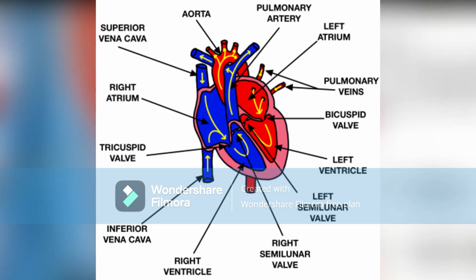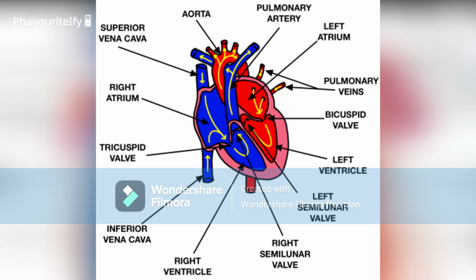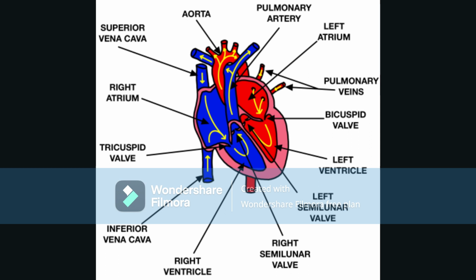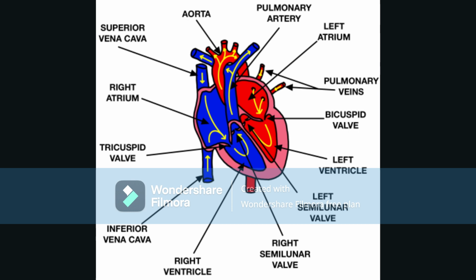This is the aorta, for distribution to the body. The left side pumps oxygenated blood, while the right side pumps deoxygenated blood, that is venous blood.